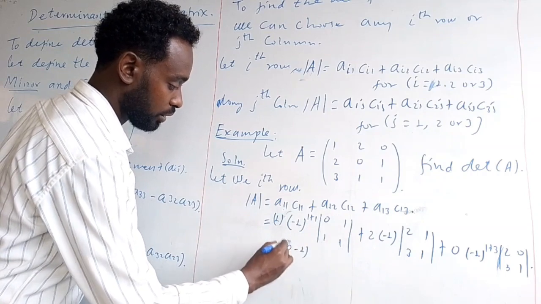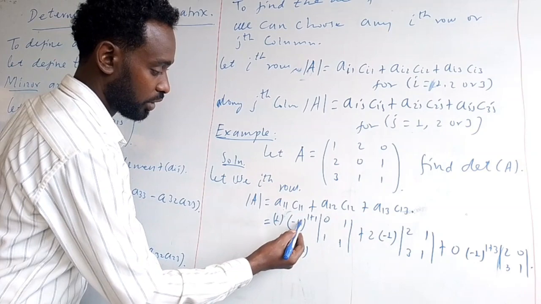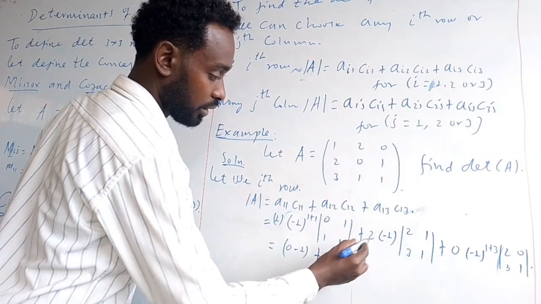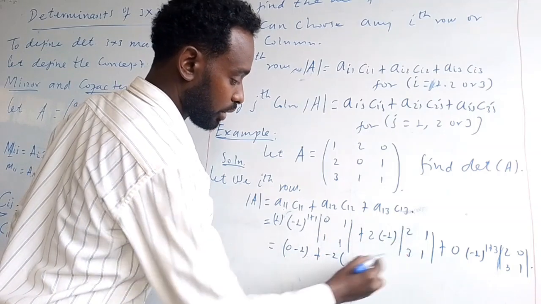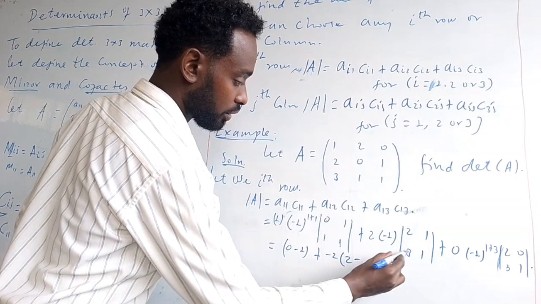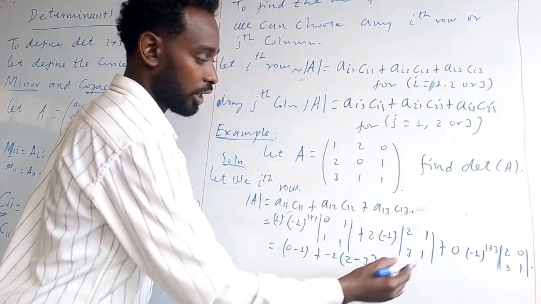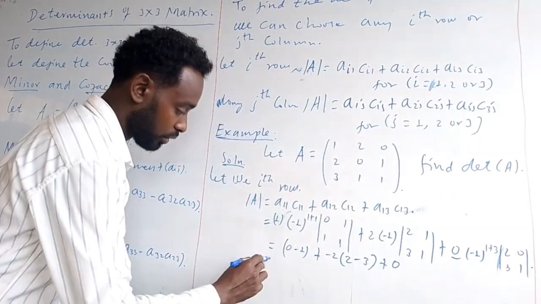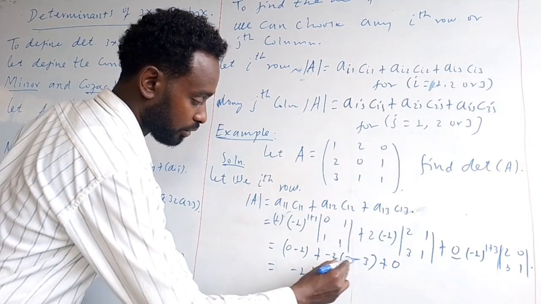Now 1 times 1 is 1, times the determinant 0 times 1 is 0 minus 1 is minus 1, so minus 1. Plus here 2 times minus 1 is minus 2 times the determinant 2 times 1 is 2 minus 3 times 1 is minus 3, plus this gives 0 because multiplying any number by 0 gives 0.